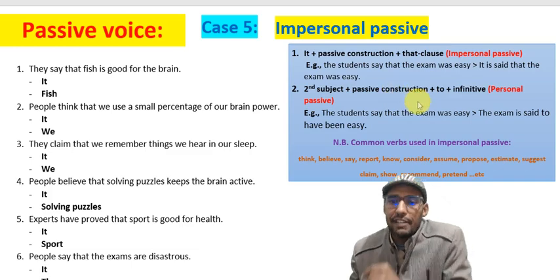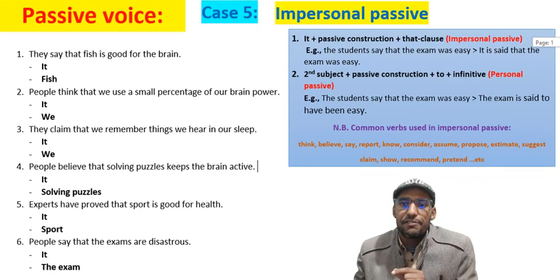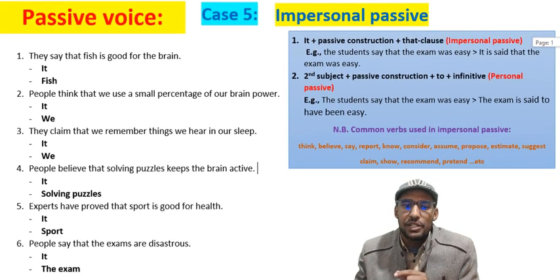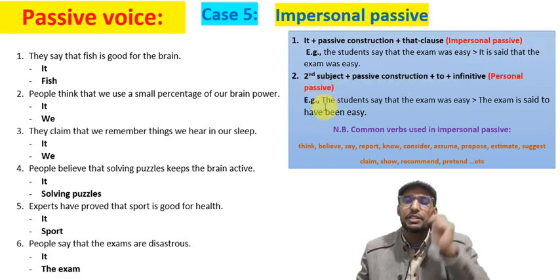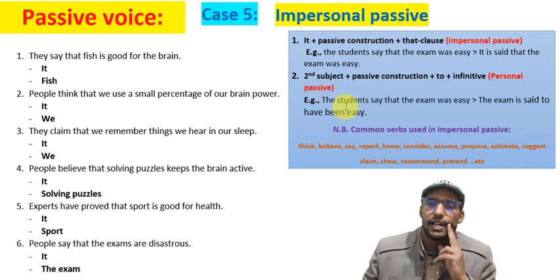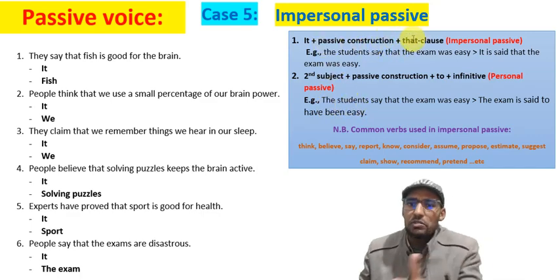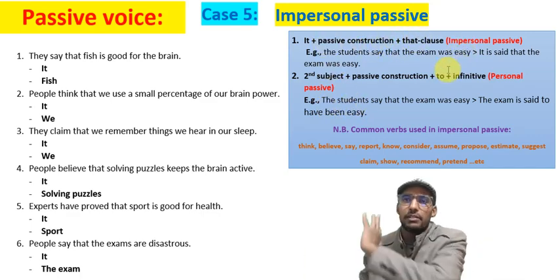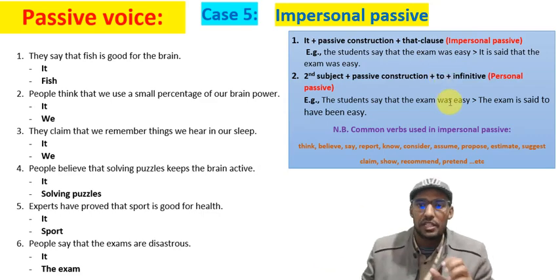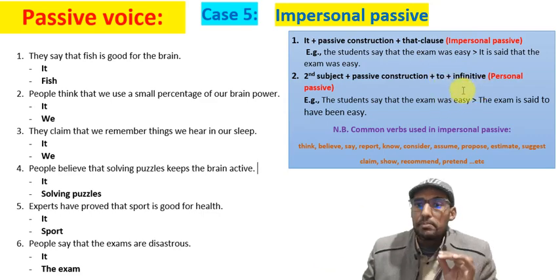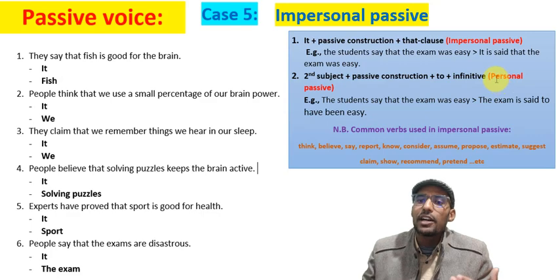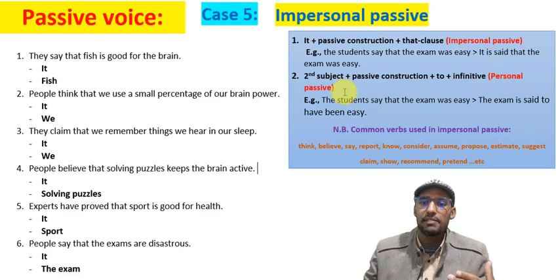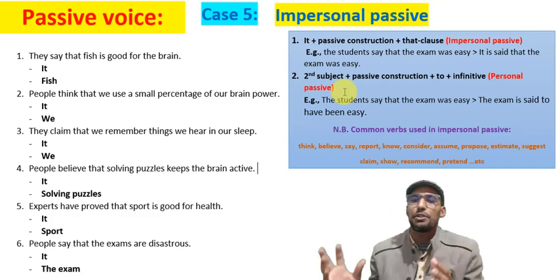Plus the infinitive. You should always have an infinitive when we start basically with the second subject. In case number one, we just need to add that clause without any changes. But in the second case, we are talking about personal passive. We move from impersonal to personal. Personal, why?